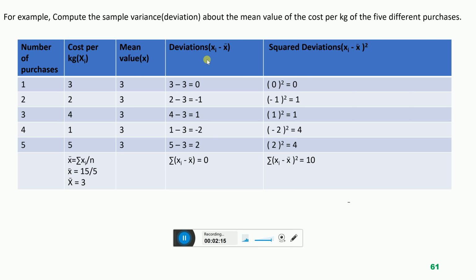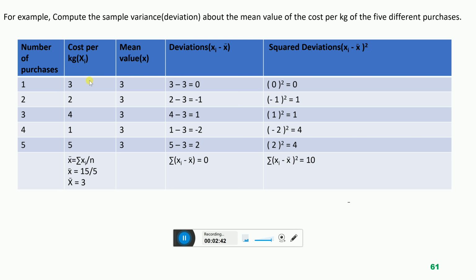Now we will compute the deviations or variances about the mean value. The formula for the deviation about the mean is: data item minus mean value of the data set, where xi represents each data item and x bar represents the mean value of the data set. So x bar is 3 and the data items are 3, 2, 4, 1, 5.